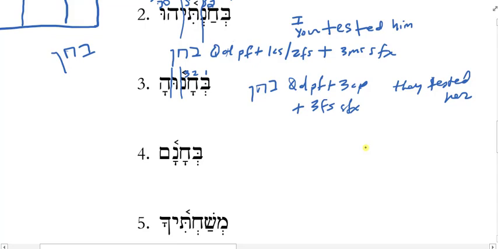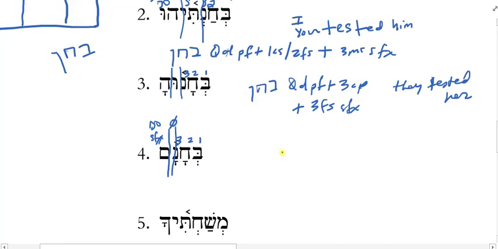Let's do one more real quickly. B'chanam. You see the 3 root letters here, don't you? And all I have is this ending. So, here's the question. Is a personal ending in the perfect? No, we don't have any personal endings. So, it must be the case then that after my root letters, I have no ending plus a direct object pronoun suffix.